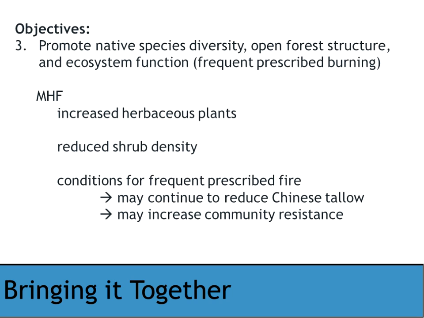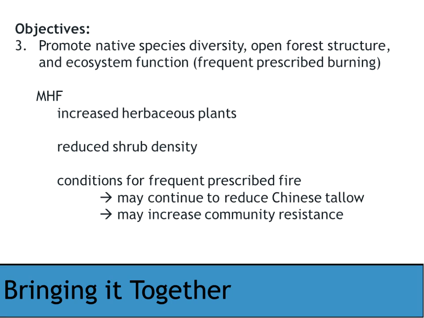We also wanted to promote native species diversity, open that forest structure, and promote ecosystem function through frequent prescribed burning, which is characteristic of southern pine ecosystems. The mastication, herbicide, and fire treatment increased our herbaceous ground flora, reduced shrub density, and created that open forest condition, which has allowed for better conditions for frequent prescribed fire.